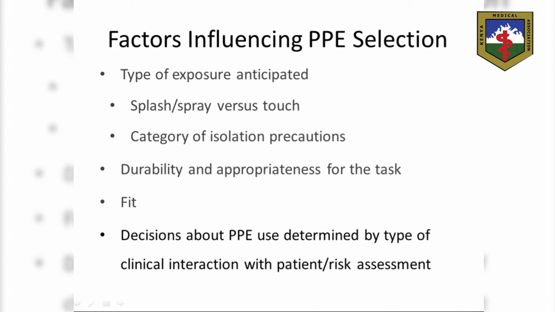Another factor that can influence the selection of PPE is the category of isolation precautions, and the durability and appropriateness for the task. The PPE should be fitting, and decisions about PPE use are determined by the clinical interaction with the patient and the risk assessment.